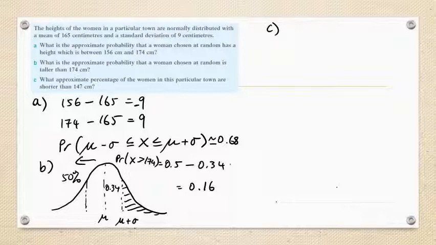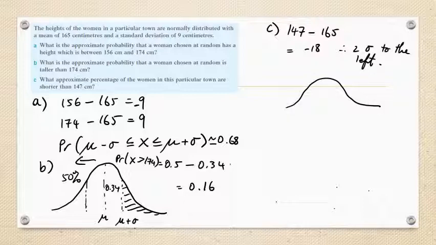Okay, C. What approximate percentage of women in this particular town are shorter than 147? So 147 minus 165 gives us negative 18. So this is 2 standard deviations to the left. Again, have a look at your distribution. It's not drawn out very nicely, but anyway.